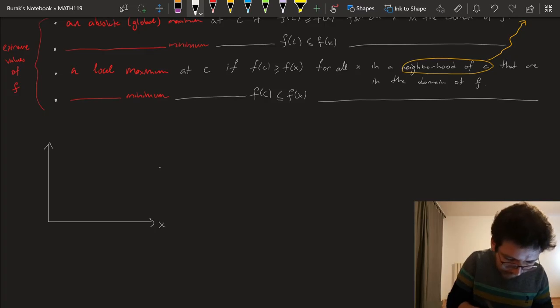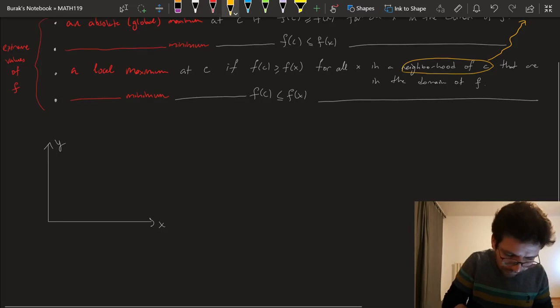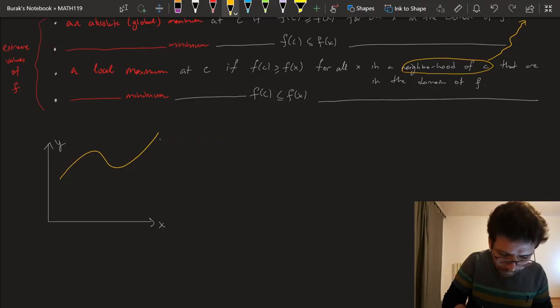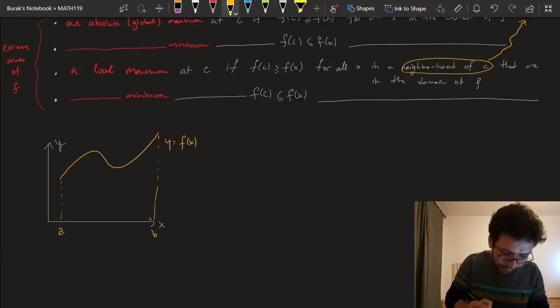And let's say that I have a function y equals f of x, and this function is defined on the interval ab. Okay.